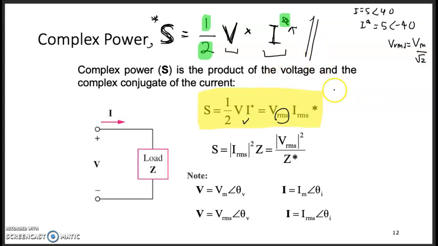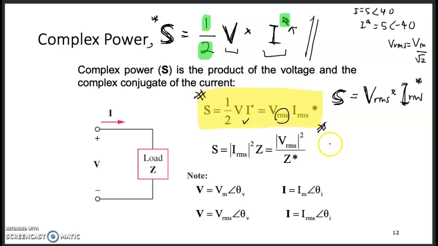And you can also denote your complex power, the bold S, as equal to the complex RMS of the voltage multiplied by the complex conjugate of the RMS current. Okay? So the one that you need to remember is only this yellow highlight here.